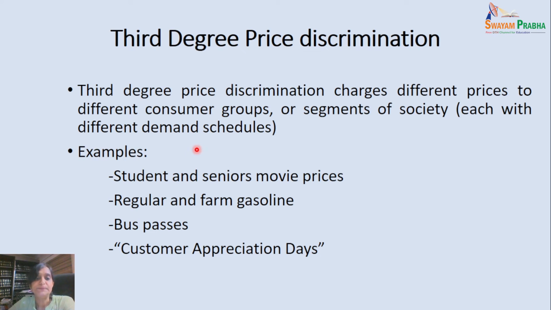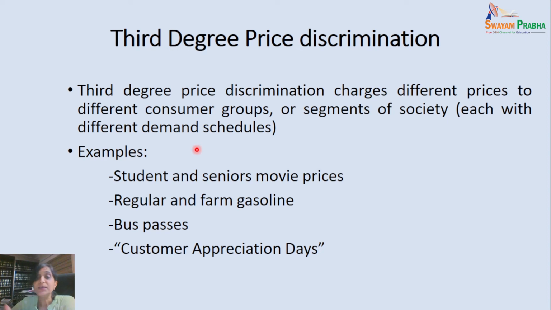For example, students and seniors movie prices. If you are a student, the cinema hall gives some offer and charges you a lesser price for the movie ticket. Or if you are a senior citizen, the cinema hall says, get your age proof and we'll give you some discount.